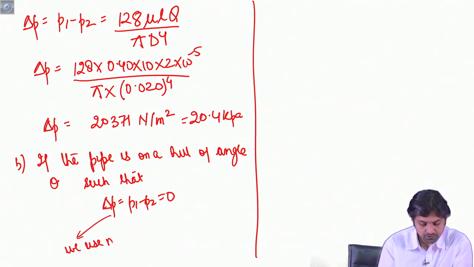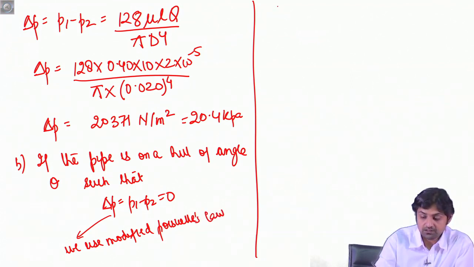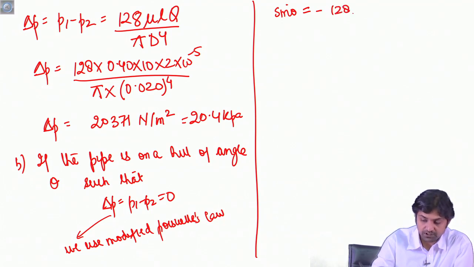we use the modified Poiseuille's law, and we can write, because delta P is equal to 0, so we can use sin theta will be minus 128 mu q divided by pi rho g into d to the power 4.